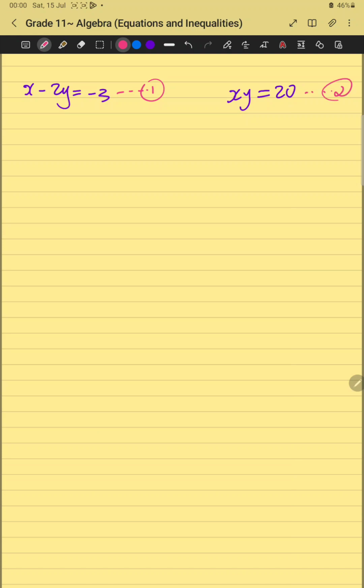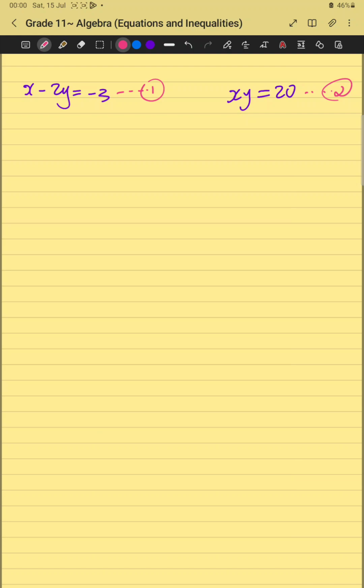Whether in the first equation or in the second equation, we are going to make x or y the subject of the formula. So you have to change either x or y. I can choose the first one. My advice to you guys, always choose the one that looks easier to change.